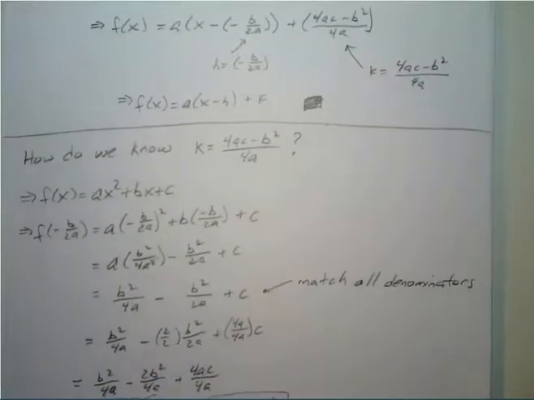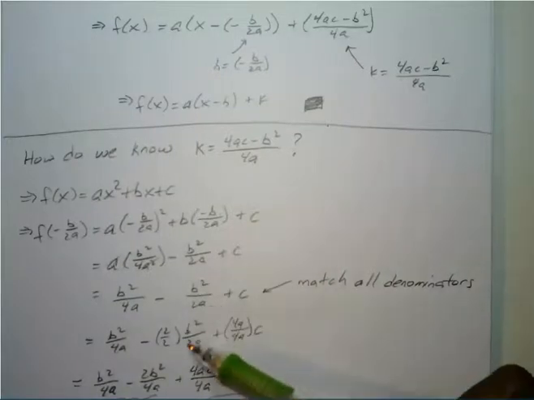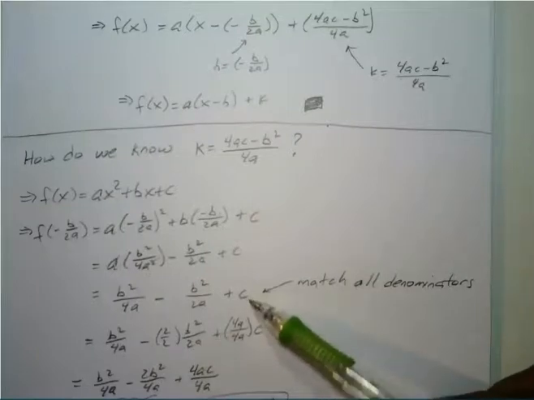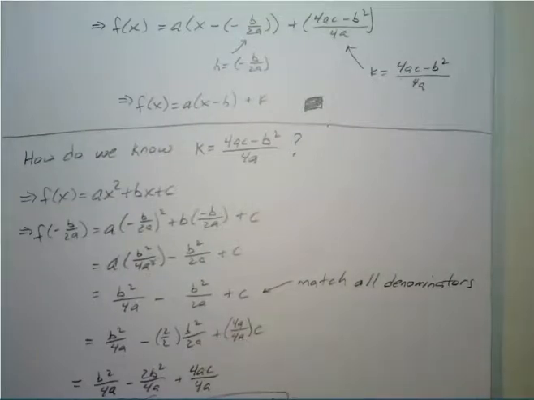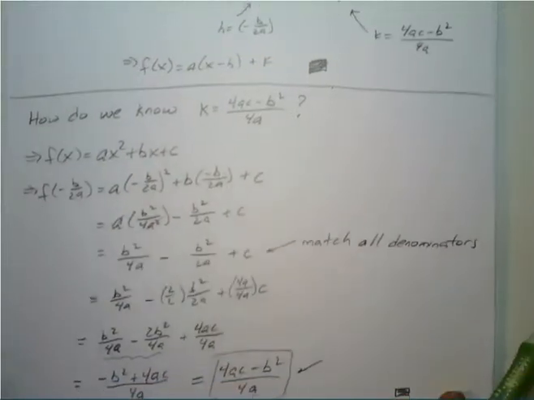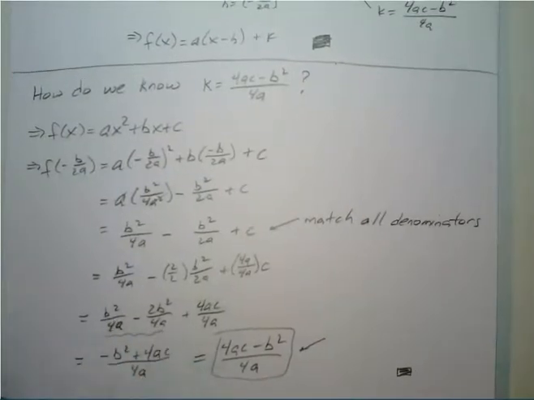Now we get all of them with the same denominator. So you have b squared over 4a minus, we multiply this by 2 over 2, we get 2b squared over 4a, plus, we multiply this c by 4a over 4a, we get 4ac over 4a. And we go ahead and put all of those over the same denominator after we combine these two.